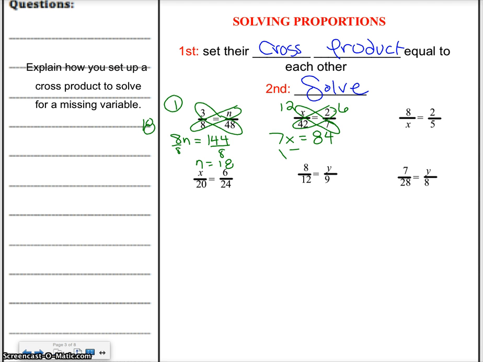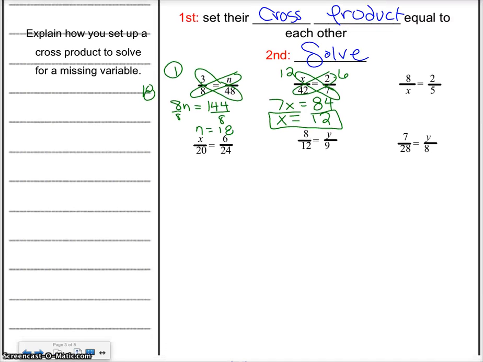And then you divide. 84 divided by 7 is 12. Okay, so I'm going to skip that one. I'm going to try to get us to some good ones. I don't want to waste all of our time.